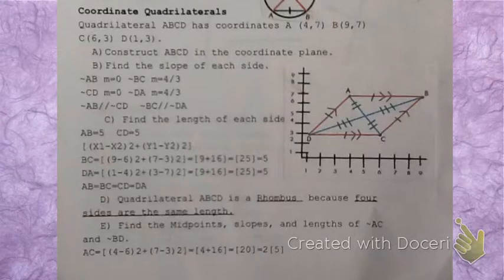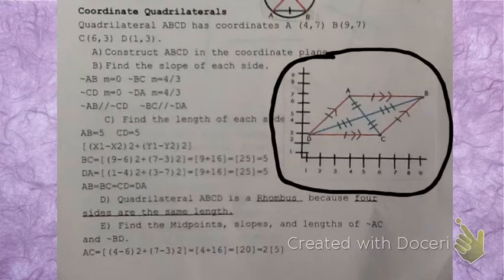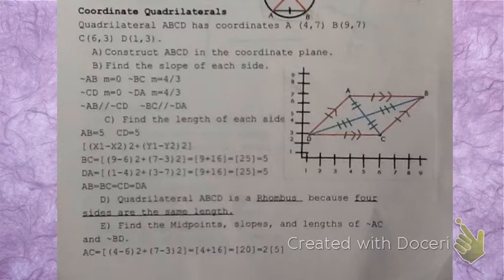Okay. And now for coordinate quadrilaterals. Quadrilateral ABCD has coordinates A (4,7), B (9,7), C (6,3), and D (1,3). Construct ABCD in the coordinate plane, and I went ahead and printed that off right there. So these points are already graphed. And then it says to find the slope of each side.